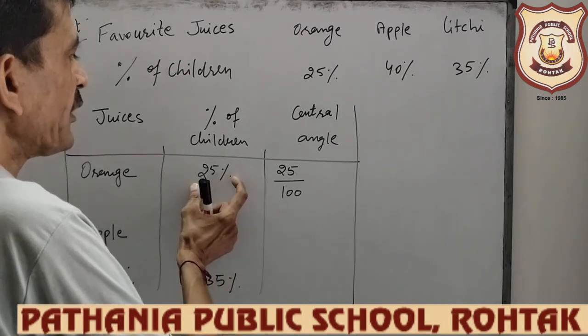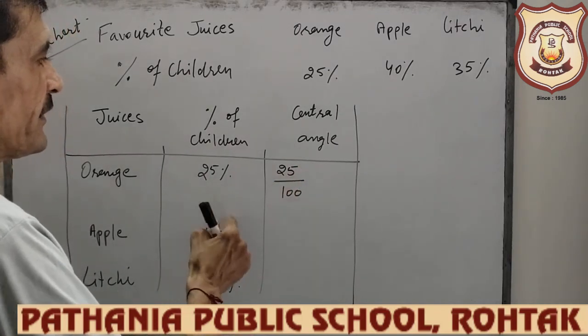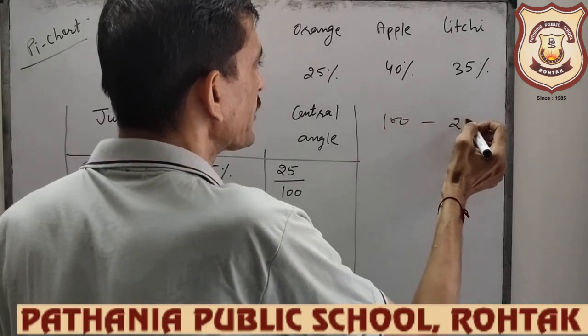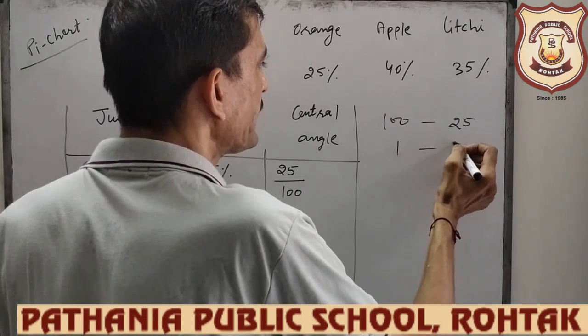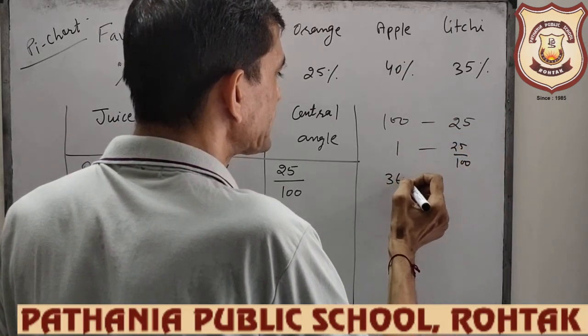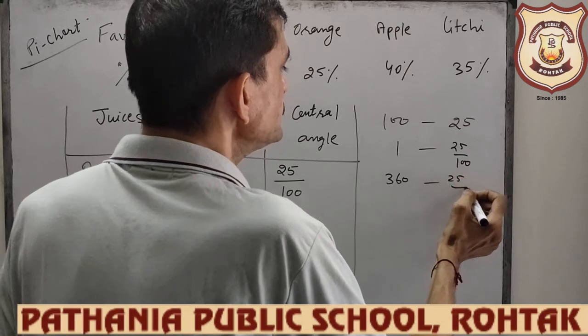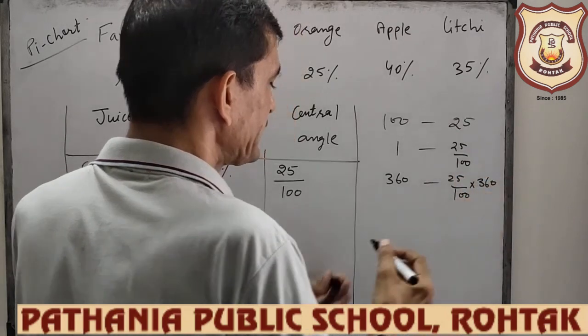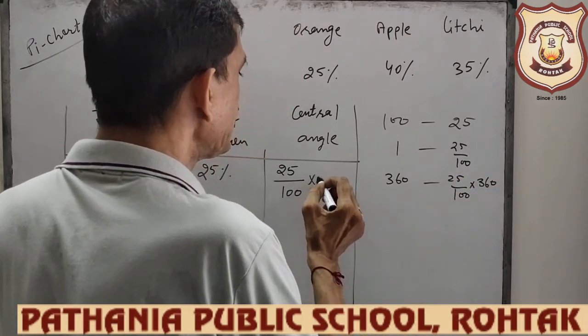So out of 100, how many like orange? 25. Out of 1, 25 by 100, or out of 360. Why am I taking 360 here? Like this, you can find the central angle by multiplying into 360.